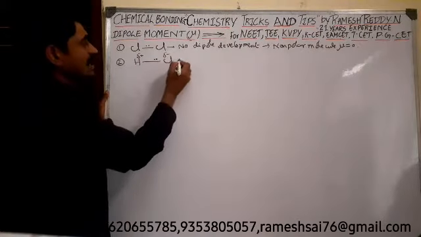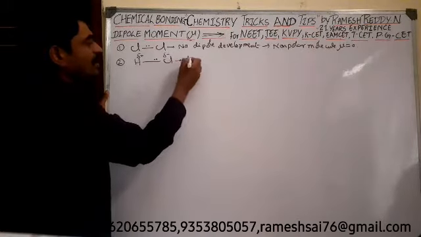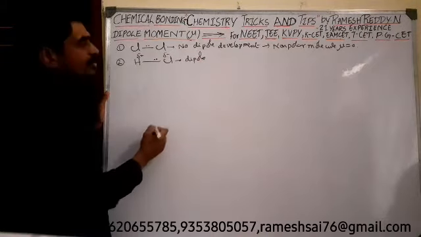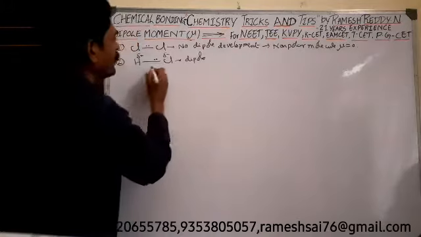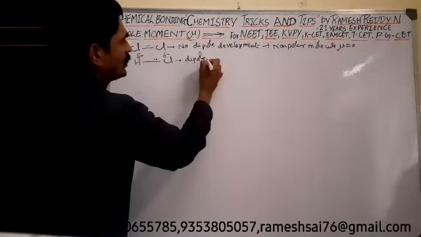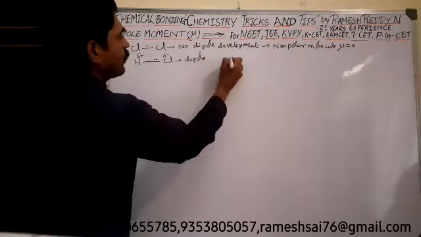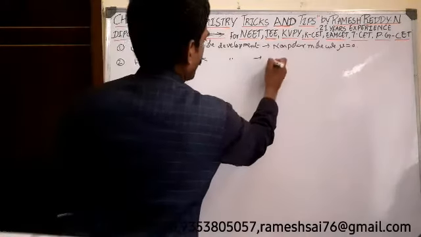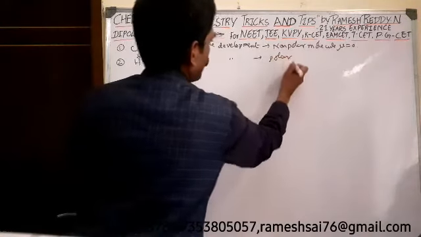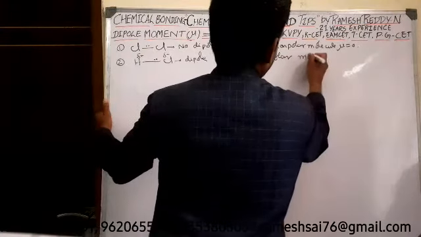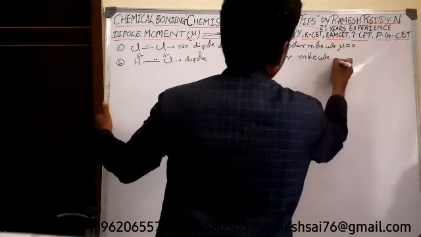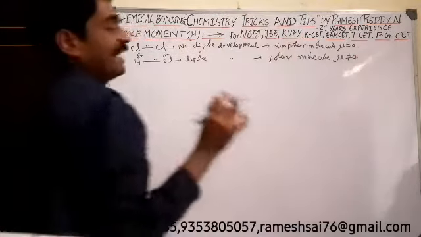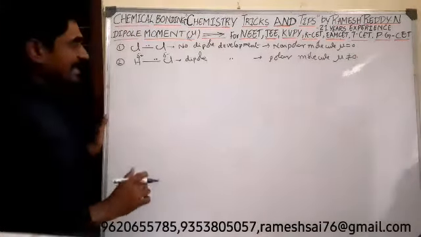So two poles are developed. Now the molecule is called a dipole molecule. It is a polar covalent bond, so there are two poles, and since a dipole is developed, you have to call it a polar molecule. For this molecule, the dipole moment is not equal to 0. Some value is there.